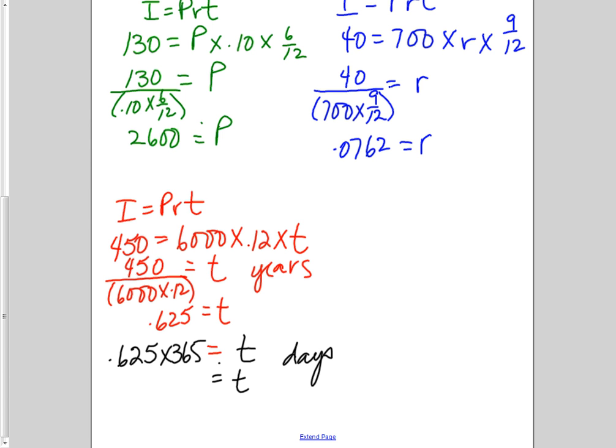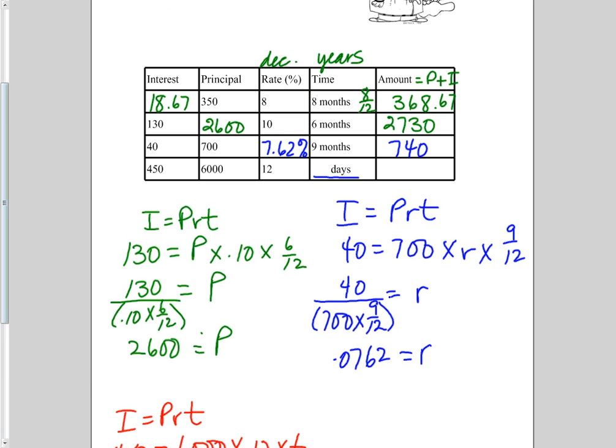And I will have my time as 228 days. My total amount is the 6,000 plus the 450.